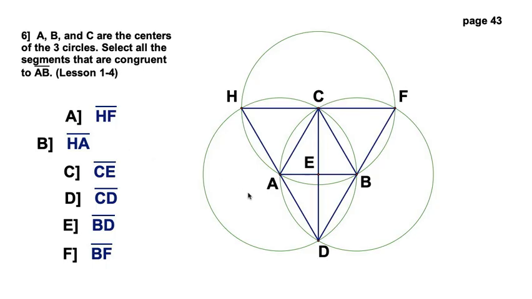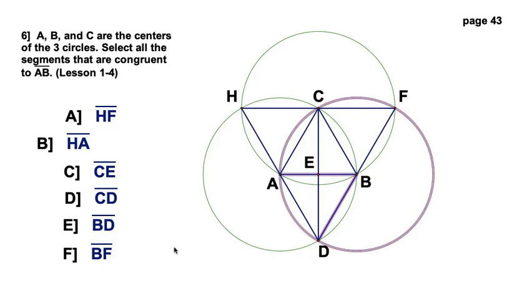Where's HF? Well, HF is over there. I don't agree with that. CE, no. CD, no. How about BD? Now, BD, I like this, is the radius of this circle. And I can also say AB is also the radius of that circle as well.